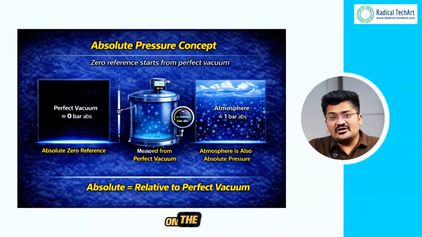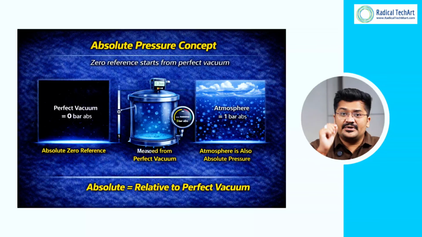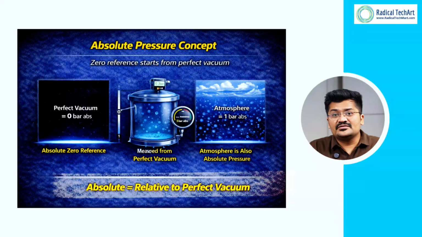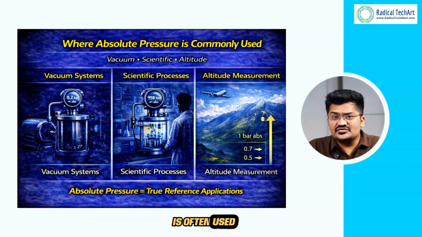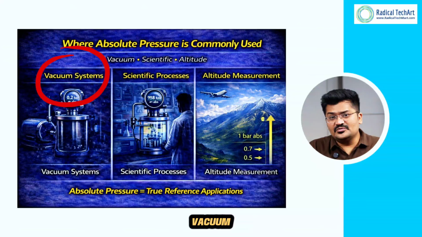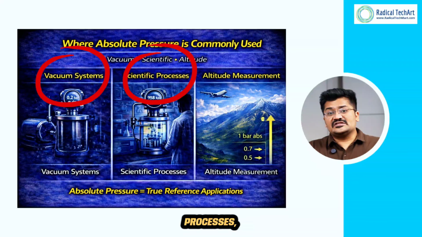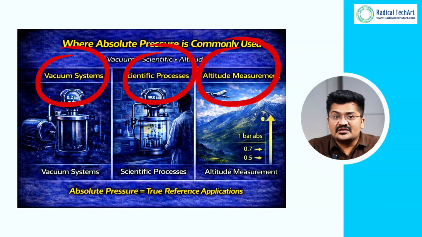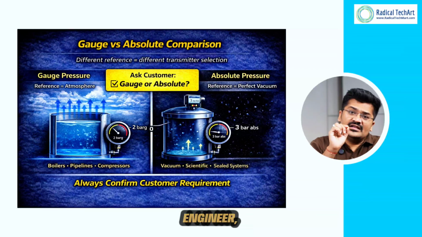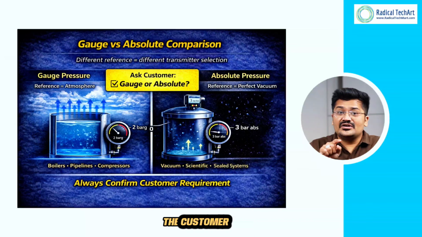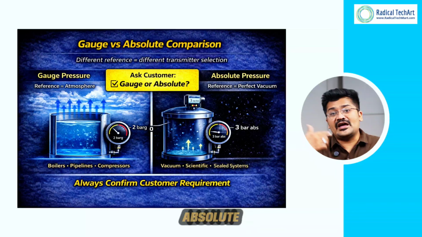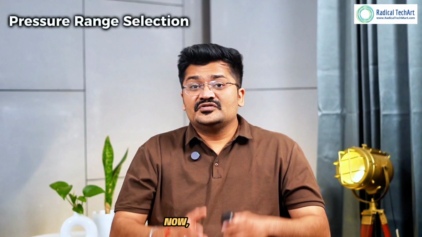Absolute pressure, on the other hand, measures pressure relative to a perfect vacuum. Absolute pressure is often used in applications like vacuum systems, scientific processes, and altitude measurement. Now, as an application engineer, it is important to confirm whether the customer needs gauge pressure or absolute pressure.